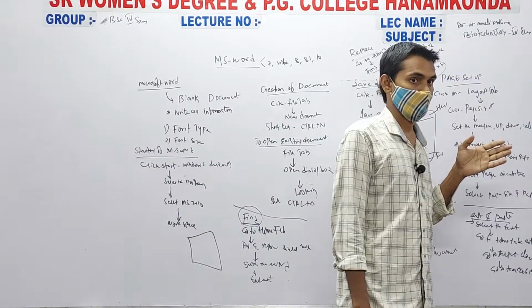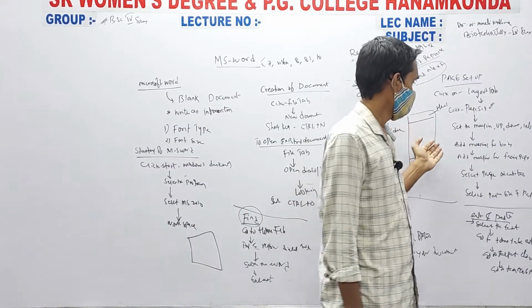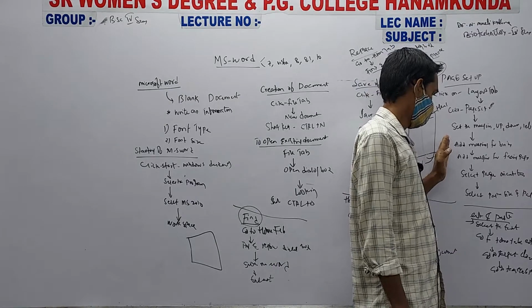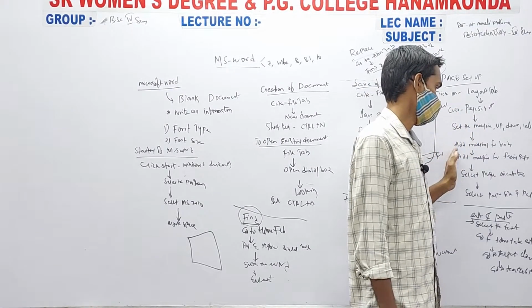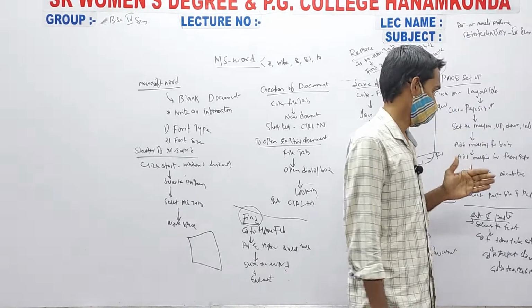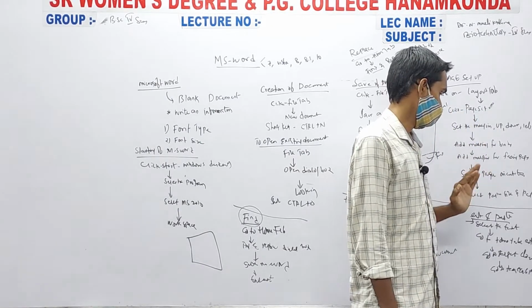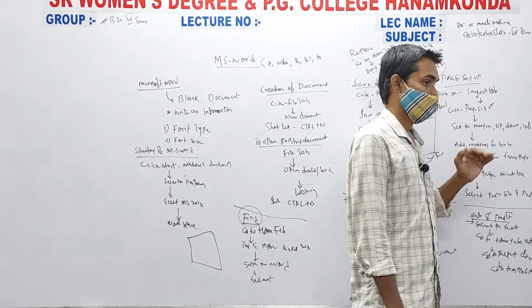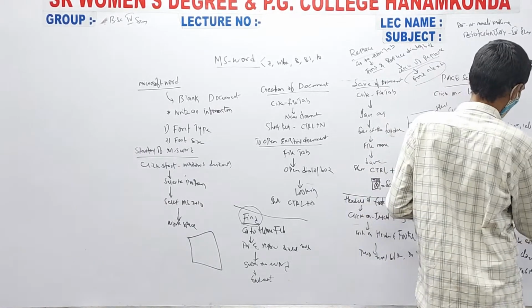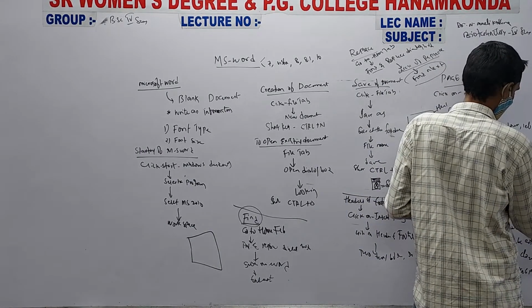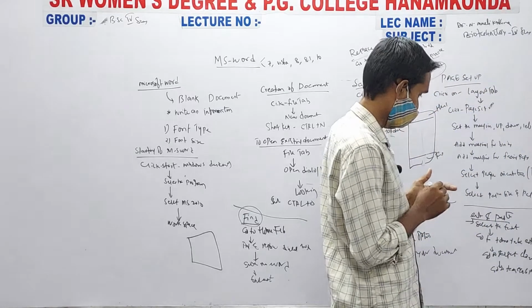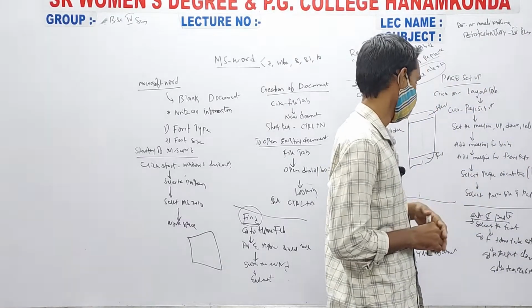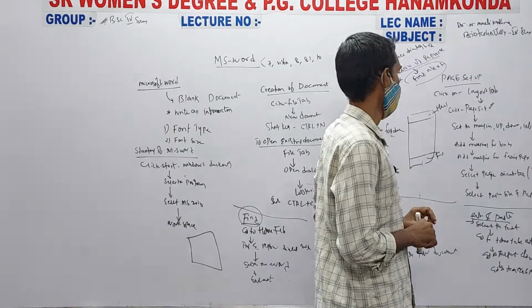Appropriate options will be there, such as add margins for binding on the left side and add margins for facing pages on the right side. Select the page orientation, either portrait or landscape. Select the page number, page size and paper tab. So this is all about page setup.